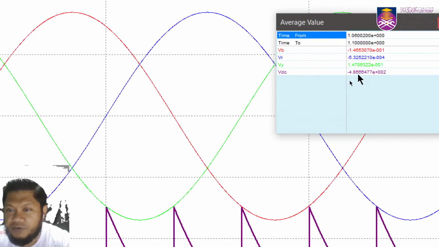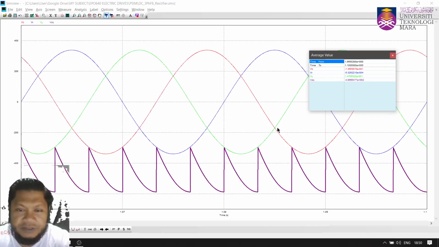If I can show you, you have a negative voltage here, VDC equals to 486.67 volts. Okay, so negative voltage because it goes beyond 90 degrees.